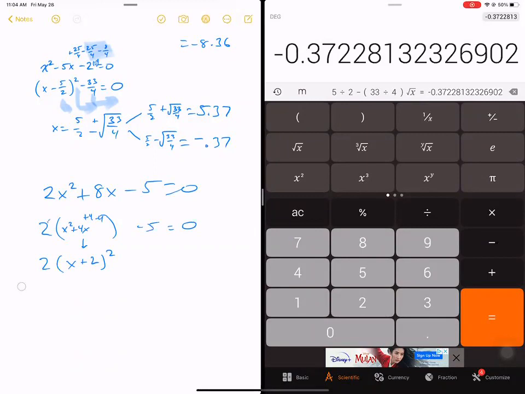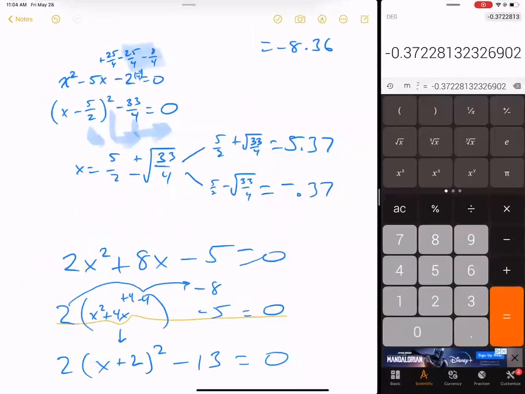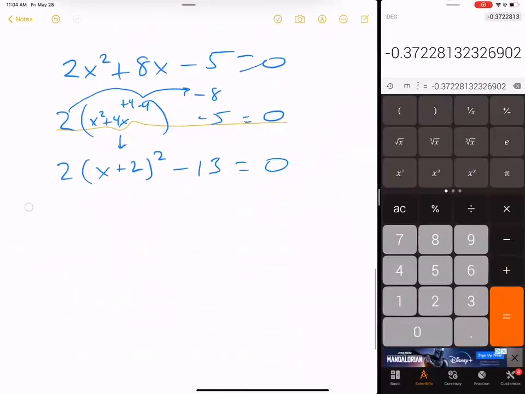Now we multiply that 2 out. If you guys remember, we put on our jacket to kick it out. That becomes negative 8. And we can combine, negative 8 minus 5 is negative 13.